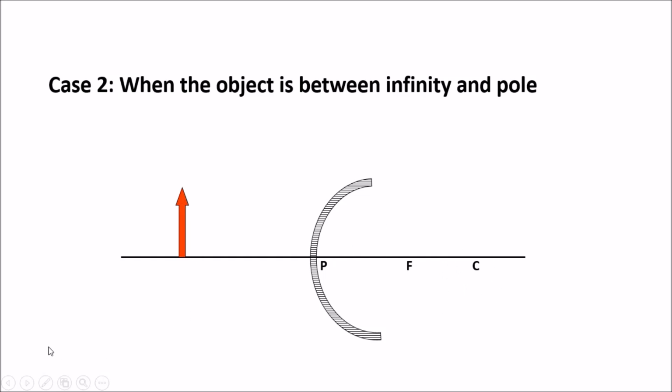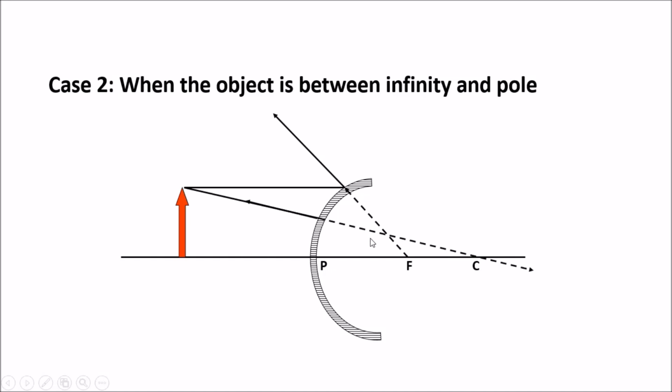So let's use rule 1. A ray which is parallel to the principal axis diverges after reflection, because it's a convex mirror, and appears to come from focus. And rule 3 goes like this: a ray which appears to go towards the center of curvature reflects back without any change in direction. When we extend them backward, we observe that the rays cross here.